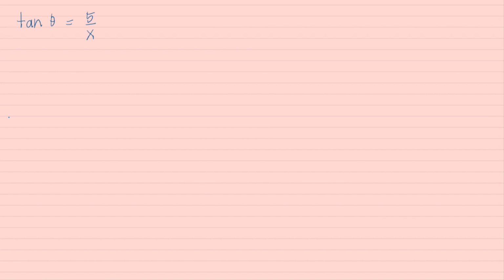So we will be getting the derivative of this equation implicitly with respect to time. The derivative of tangent of theta is secant squared of theta, and then we write d theta over dt. For 5 over x, we know that this is the same as 5x raised to negative 1.